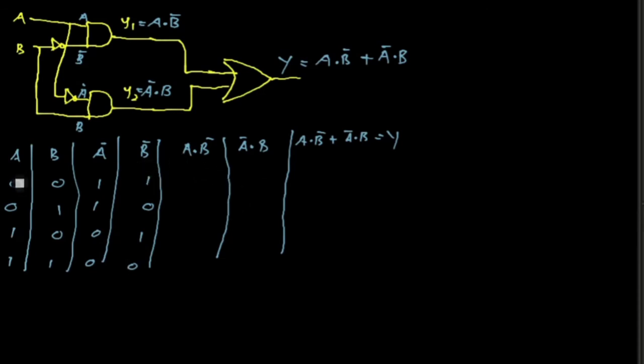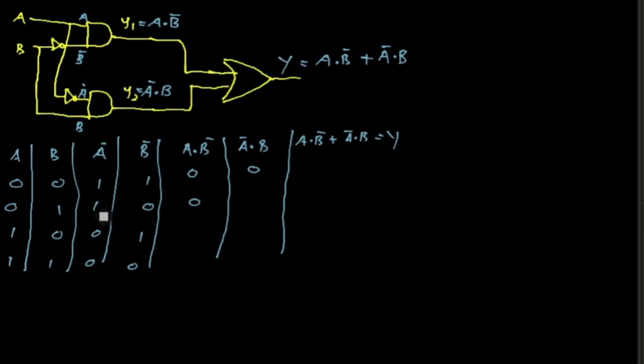Then A and B complement is actually 0. Then A complement and B is again 0. Then A and B complement is 0.